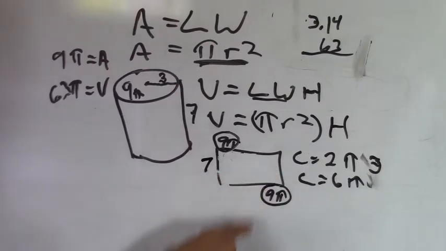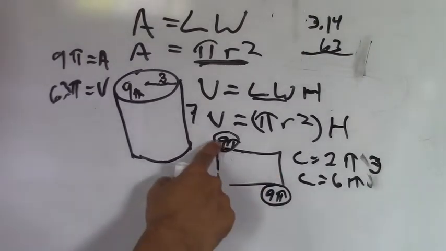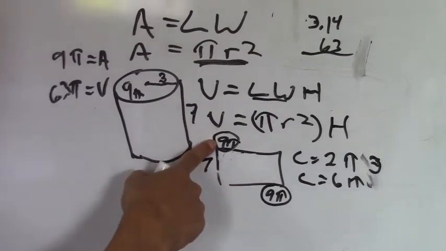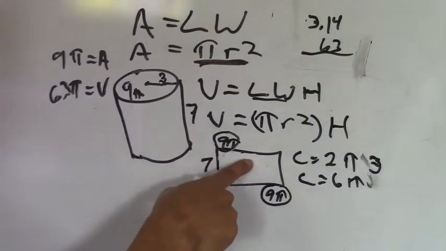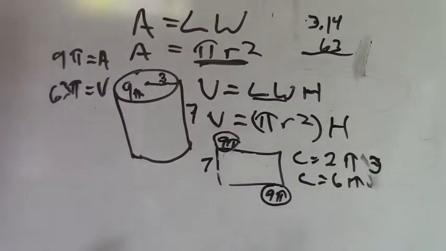And what was the length? Length was 9. Oh, it was not. The area up there was 9. What was that length right there? Oh, the length was the circumference, which was what? 6 pi.